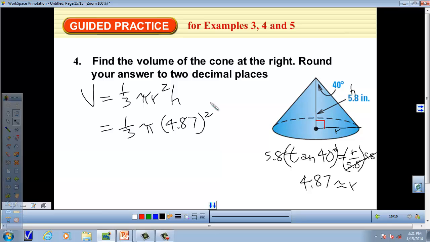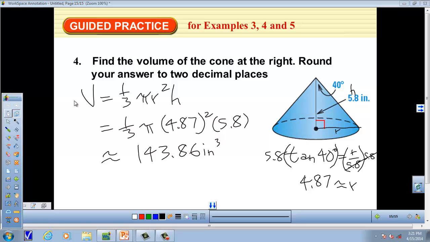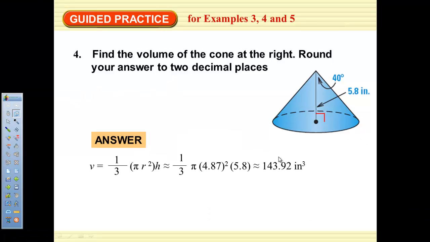So we're going to square that, and we're going to multiply that times 5.8, times pi, and divide by 3. We should get, if we did all of that, 143.86 cubic inches. So 143.92. It's because they rounded here. We didn't. We got a better answer.